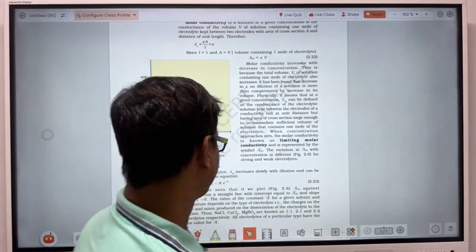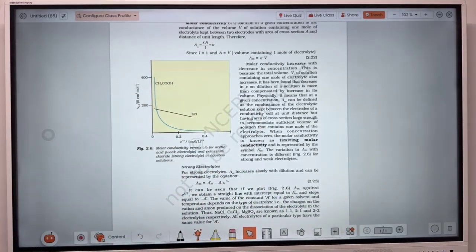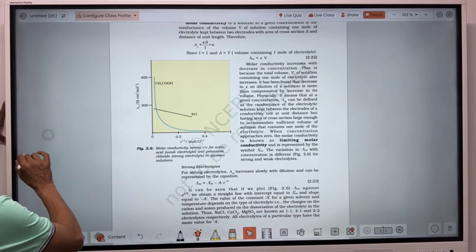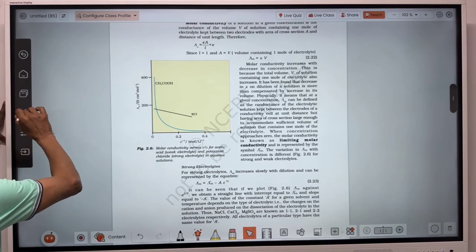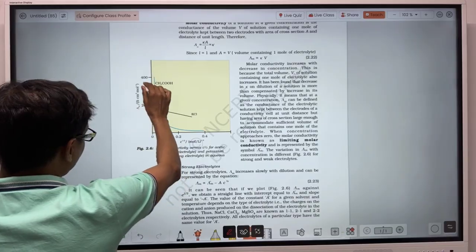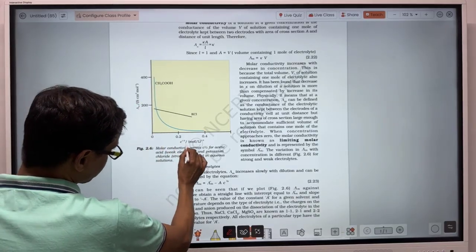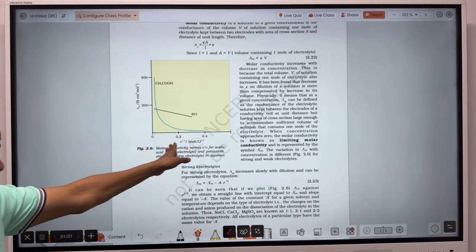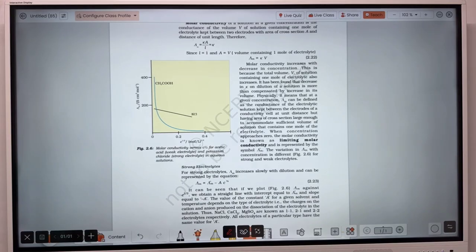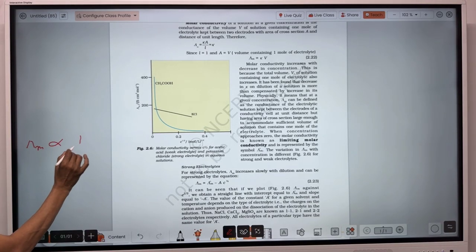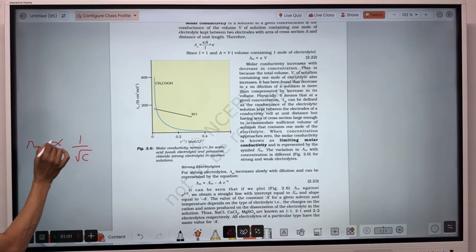Okay, so let's see, firstly consider the conductivity of a strong electrolyte. Here is a plot of the molar conductivity versus root under C, that means concentration. That means molar conductivity with respect to under root C, not directly proportional.